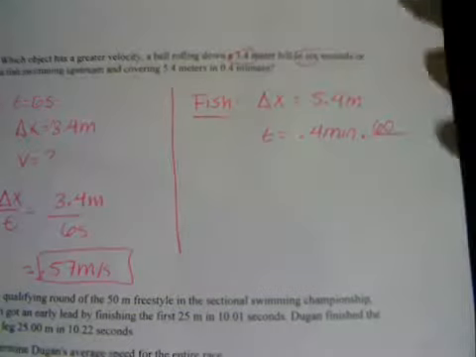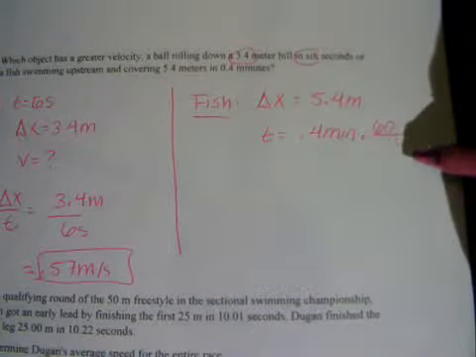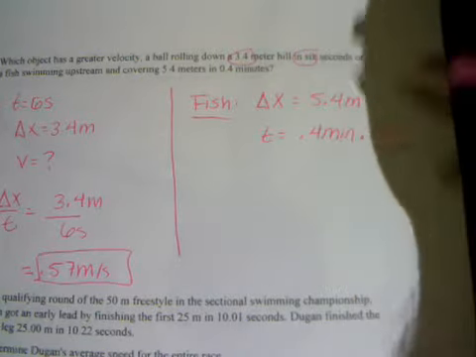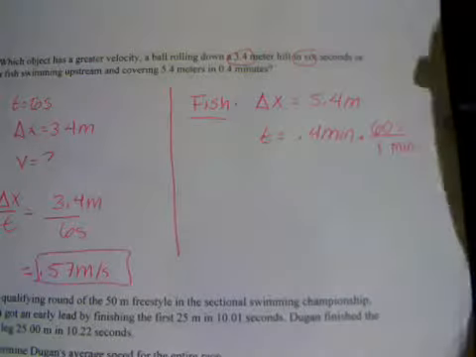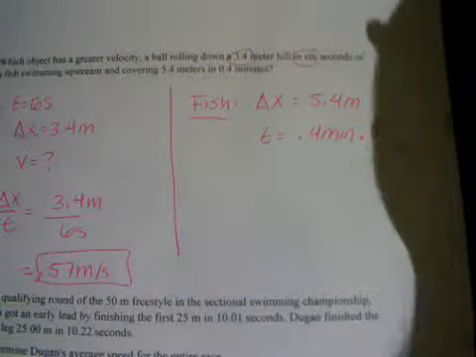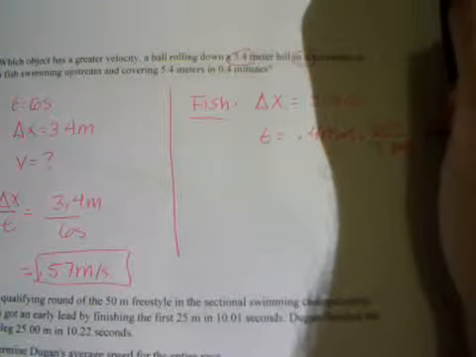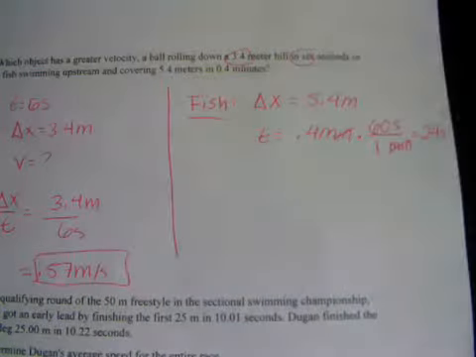If we know we're trying to get rid of the minutes, we want to put the minutes in the denominator so that they cancel out. So how many seconds are in a minute? Well, 60 seconds are in a minute. So that would give us the equivalent there, and that equals 24 seconds. Remember, it's 0.4, not 4. Okay.